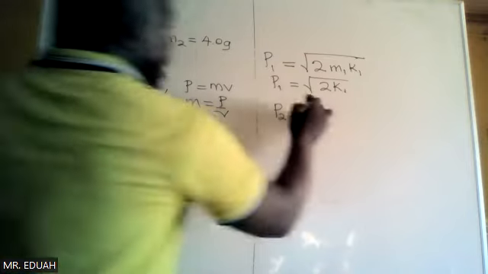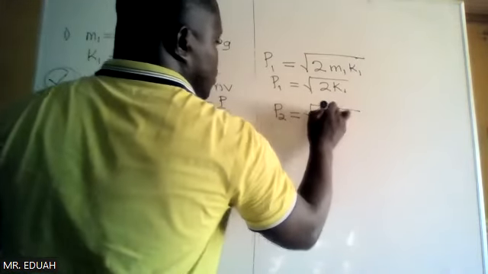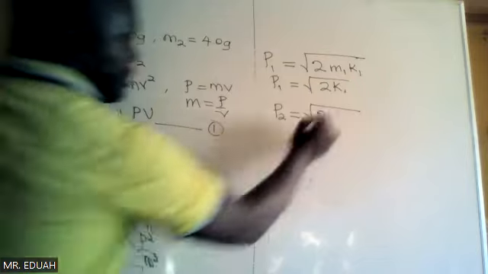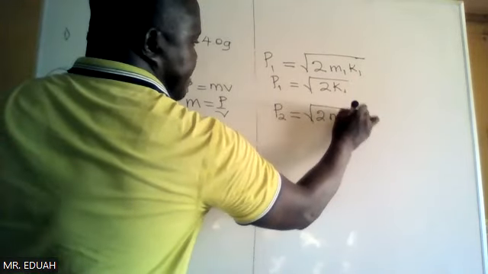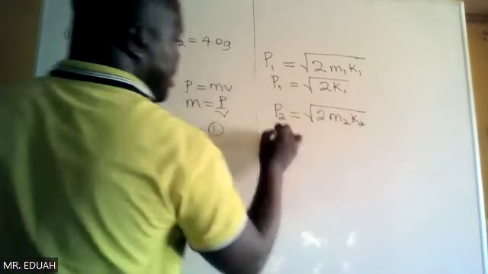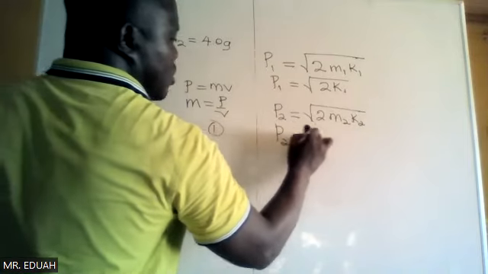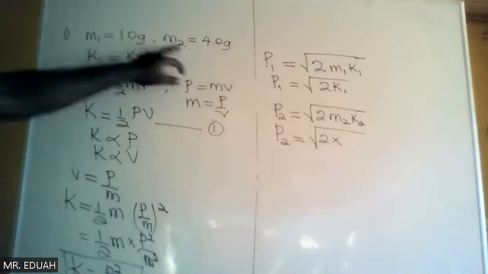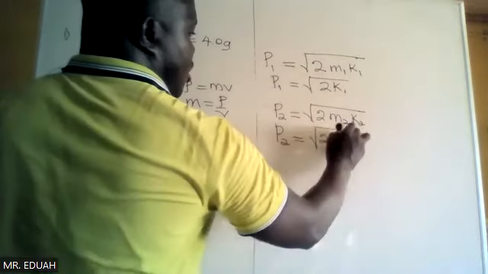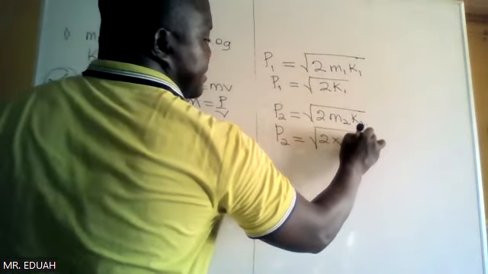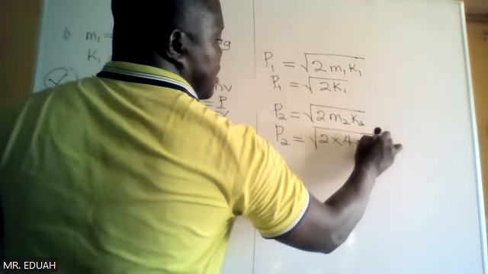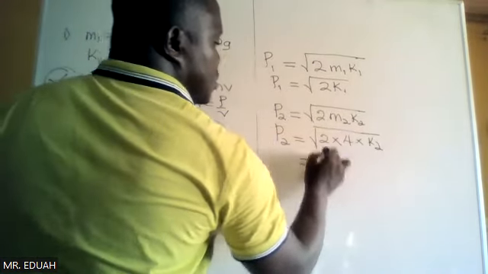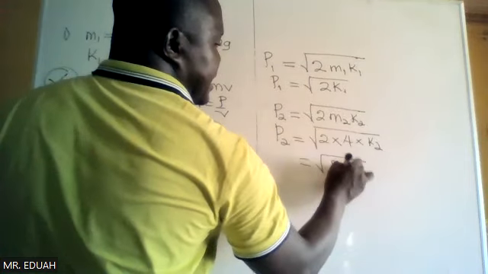P2 is equal to the square root of 2m2 times k2. P2 therefore is equal to the square root of 2 times m2, where m2 is 4 grams, times k2. So the square root of 8k2.